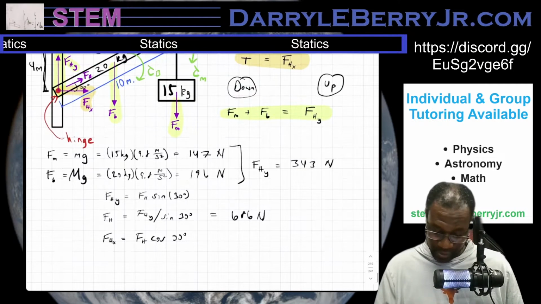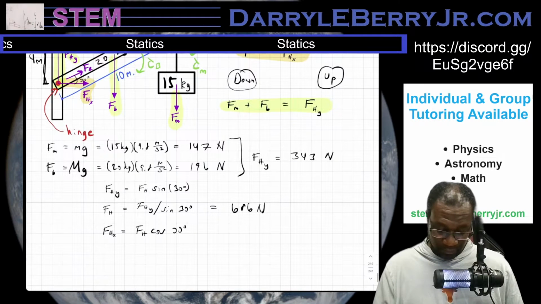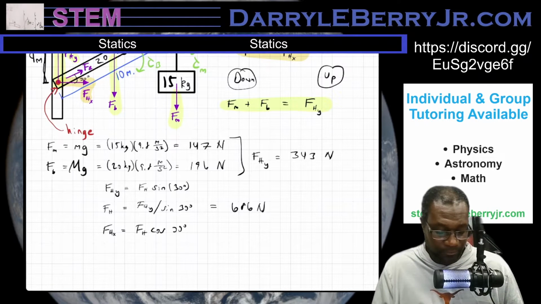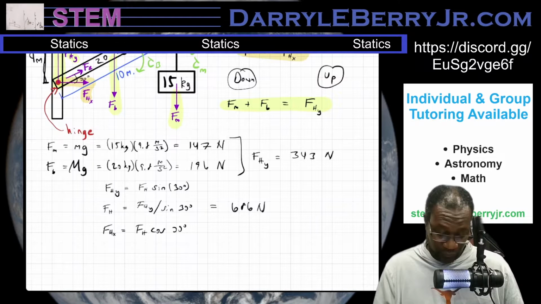So I had FHY, use that to get FH. I was wondering if there was a way to go straight to FX from the FHX from FHY. I don't think so. Or maybe. I mean, technically, I could have just solved FH for cosine, but it ends up being the same thing.